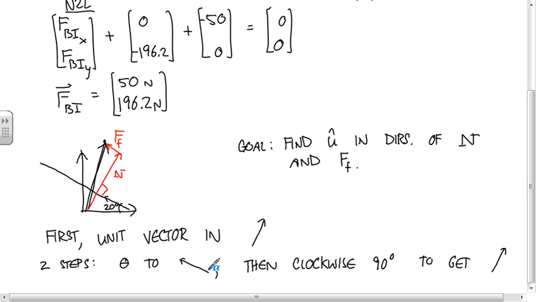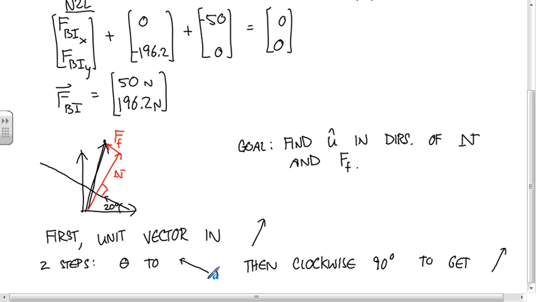This and this are perpendicular, right? So if I can figure out the angle to get from the positive x-axis over to here, then I can just subtract 90 to get to this one. Subtract 90 because it's clockwise.